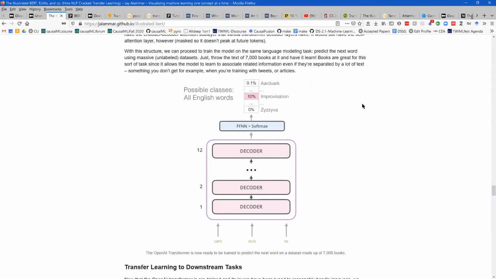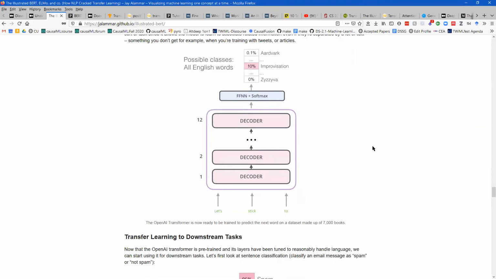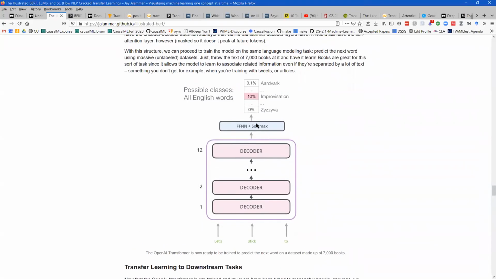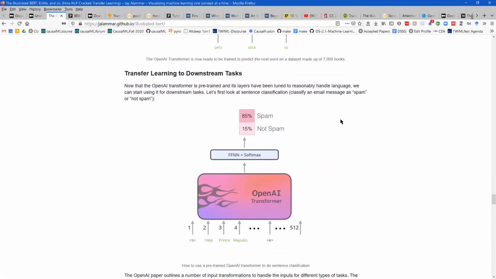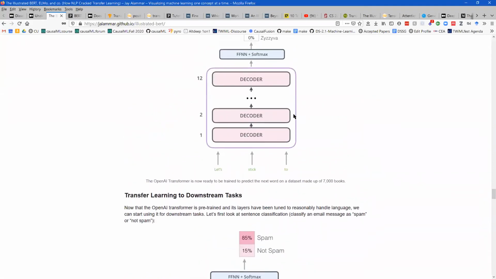So we've seen this architecture before: putting a softmax and allowing it to score every word in the English language, and taking the word that gets the highest score, and that's the output that it predicts. Okay, so that's the pre-training step.